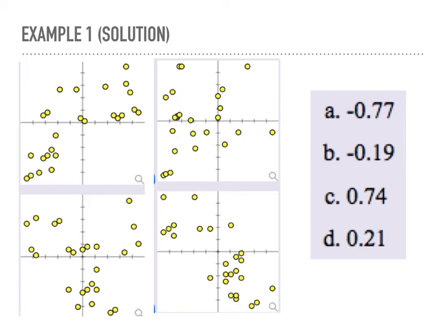So now looking at our options for a correlation coefficient: negative 0.77 and negative 0.19. Those are the two negative ones. We said the negative relationships were those that we saw on the bottom. The stronger one was the bottom right.